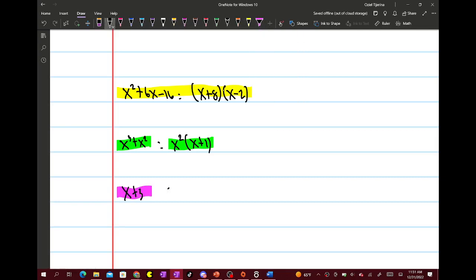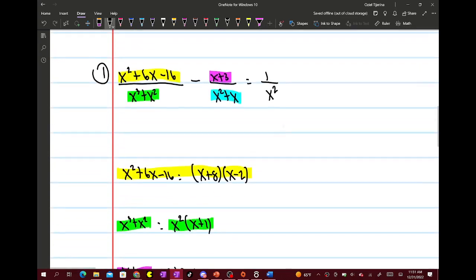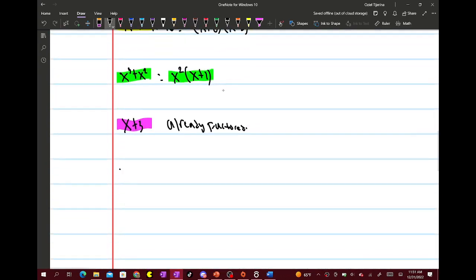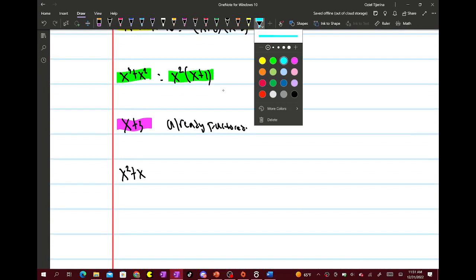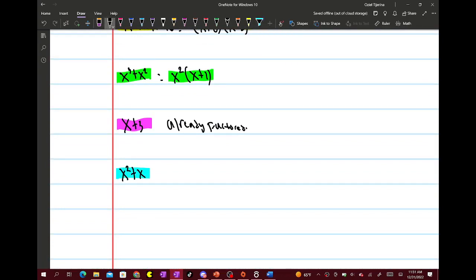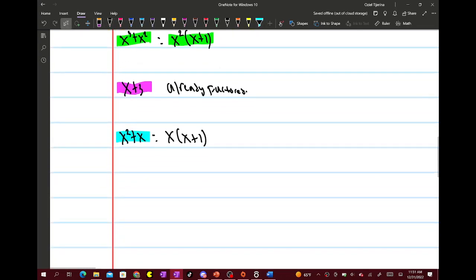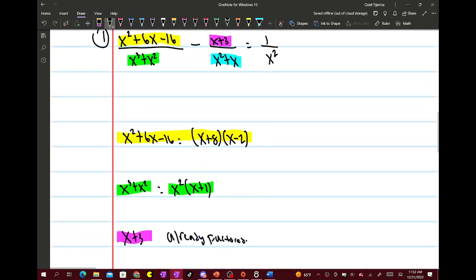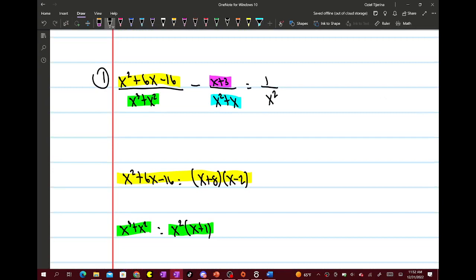And then we have x squared plus x, that's going to be equal to x times x plus 1. And then x squared is just already factored, on the right side.